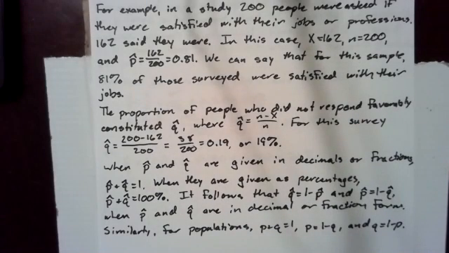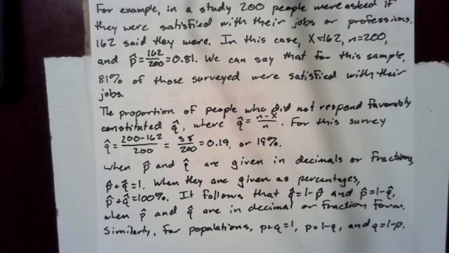For example, in a study, 200 people were asked if they were satisfied with their jobs or professions. 162 said they were. In this case, X equals 162, N equals 200, and P hat is equal to 162 over 200, or 0.81. We can say that for this sample, 81% of those surveyed were satisfied with their jobs.